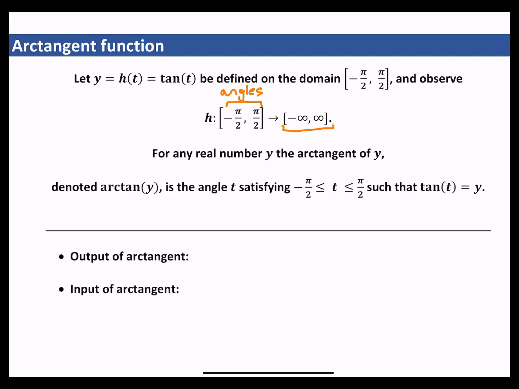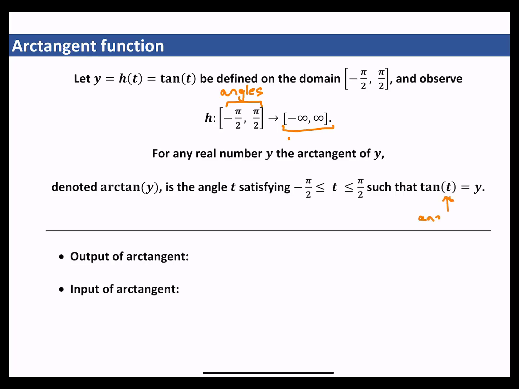So for any real number y, the arctangent of y, denoted arctangent of y, is the angle t, where t is between negative pi over 2 and pi over 2 inclusive, such that the tangent of t equals y.